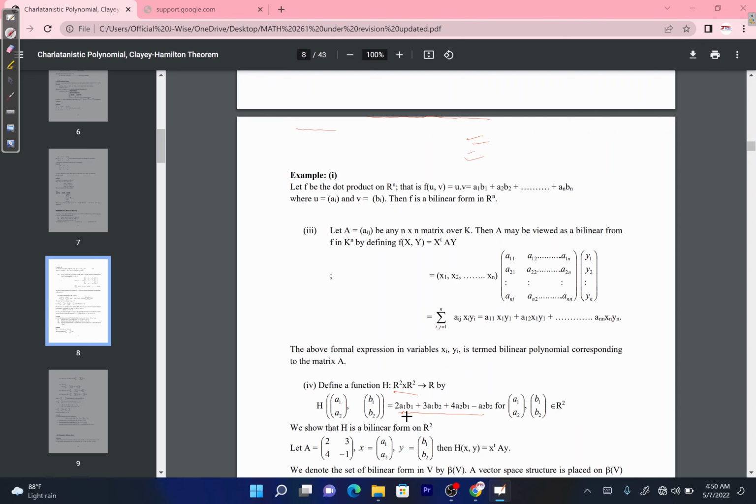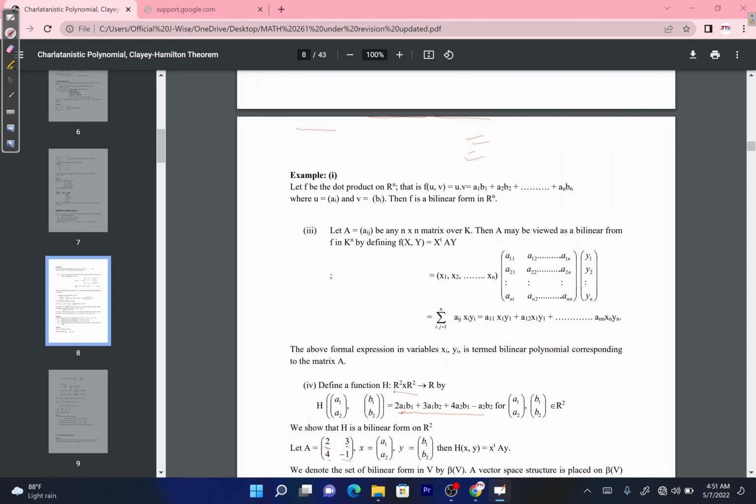The element a normally indicates the row number and b the column number, so a1 b1 is the element in the first row, first column, that's 2. Then 3 a1 b2 is the first row, second column, that's 3. Second row, first column is 4, then second row, second column is what we have here. So we have generated our matrix from this.